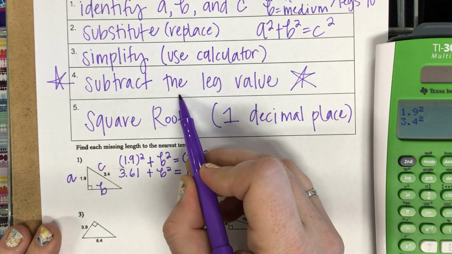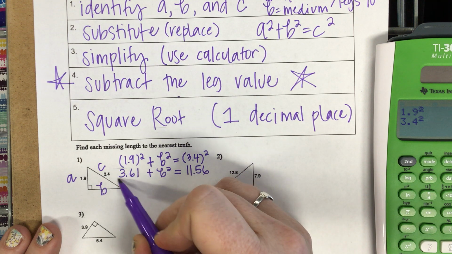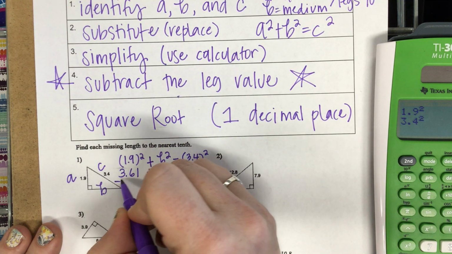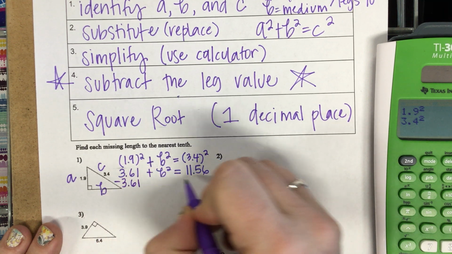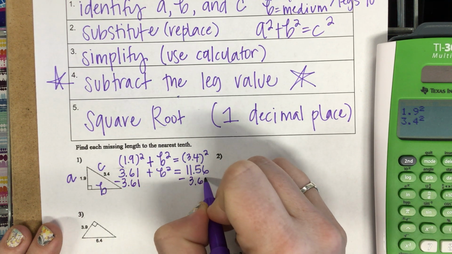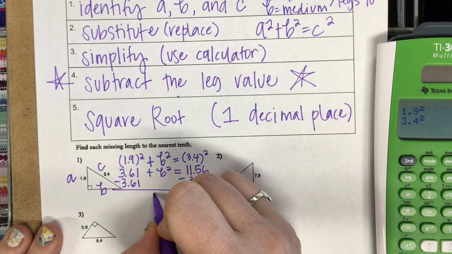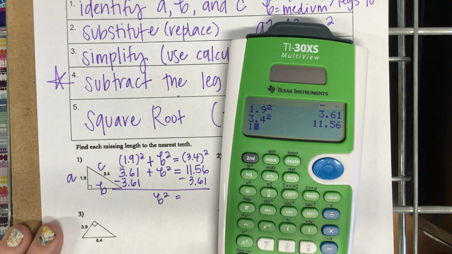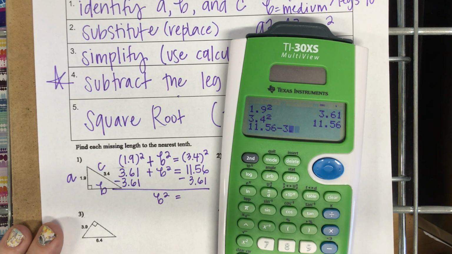I subtract the leg value because I want to take this leg and move it over here, so I have to do the opposite. So I'm going to subtract 3.61. B squared equals 11.56 minus 3.61.